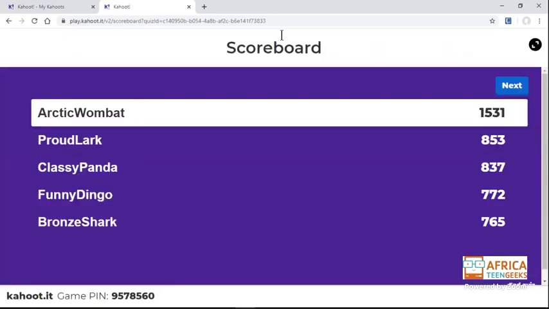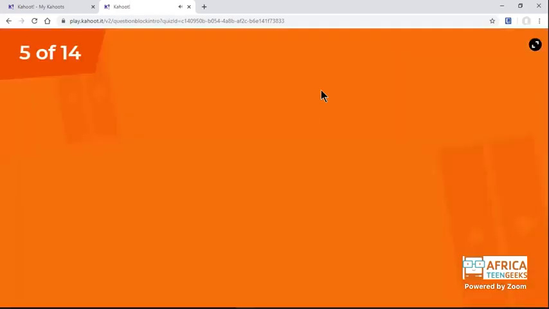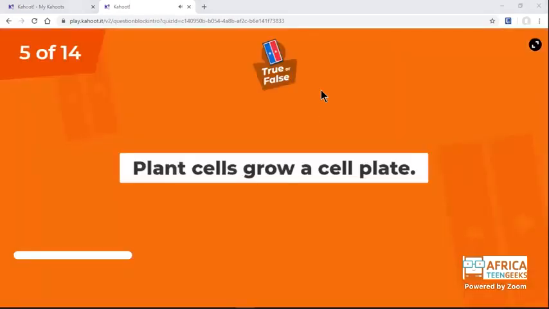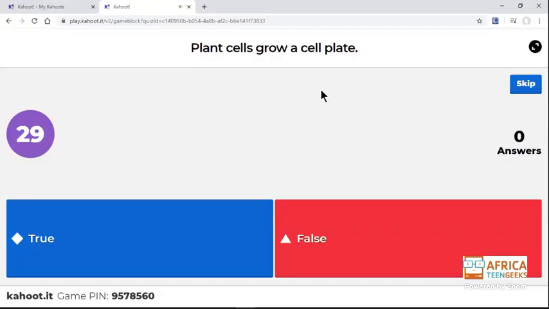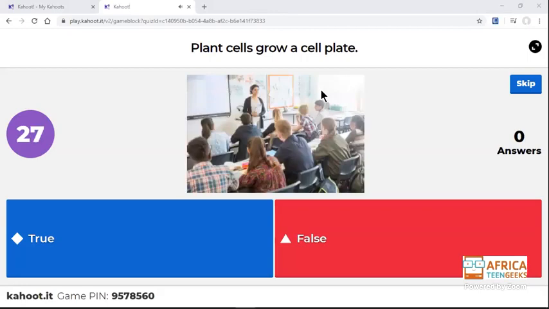Let us see the next one. I hope you guys will do better. So plant cells grow a cell plate, true or false?